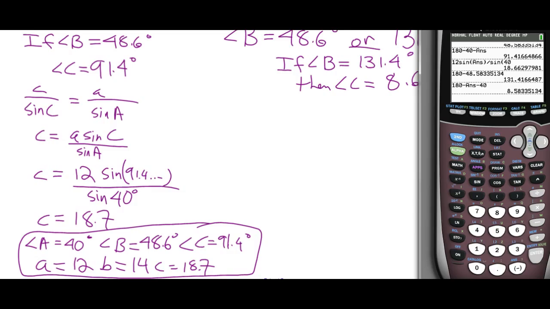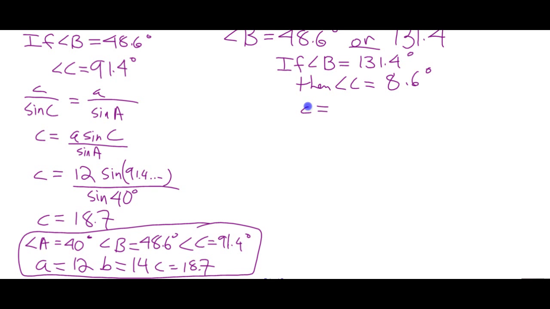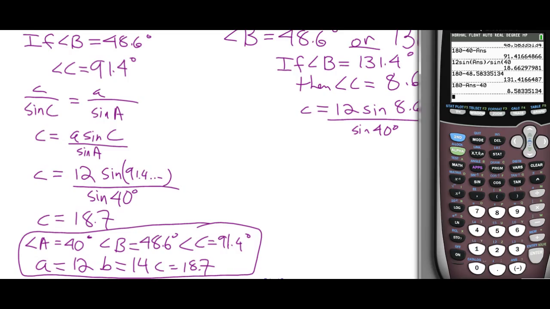So we're using the same formula. c is equal to 12 sine 8.6 degrees over sine 40 degrees. Remember, it's not really 8.6, it's this number.